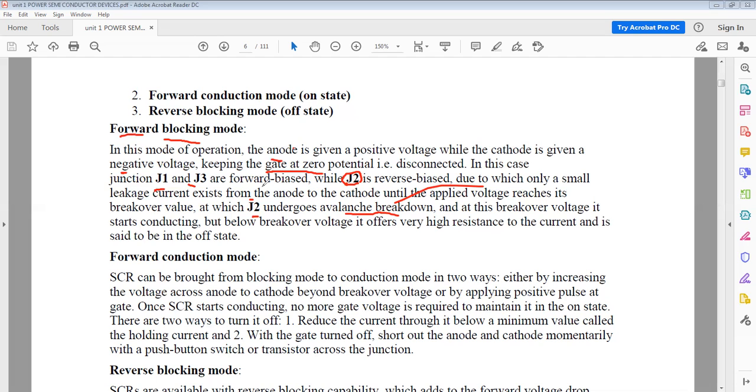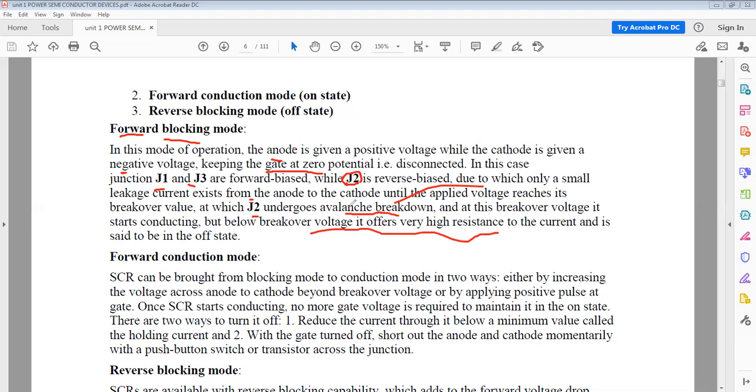Junction J2 goes into avalanche breakdown, and this voltage is known as the breakover voltage. It starts conducting, but below the breakover voltage it offers very high resistance to the current. That means if we apply below the breakover voltage, the SCR does not conduct. It will be in the off state.